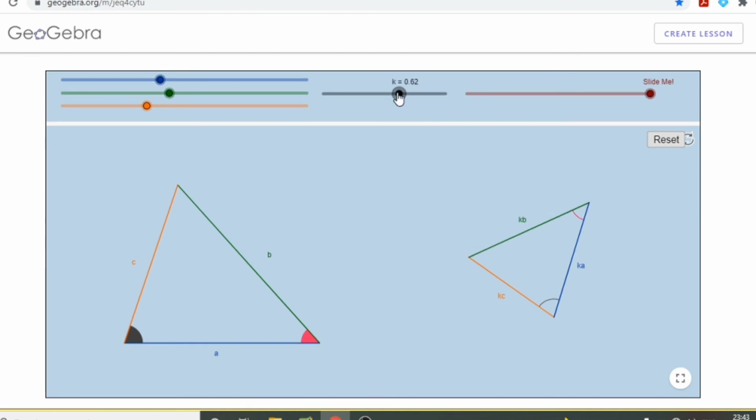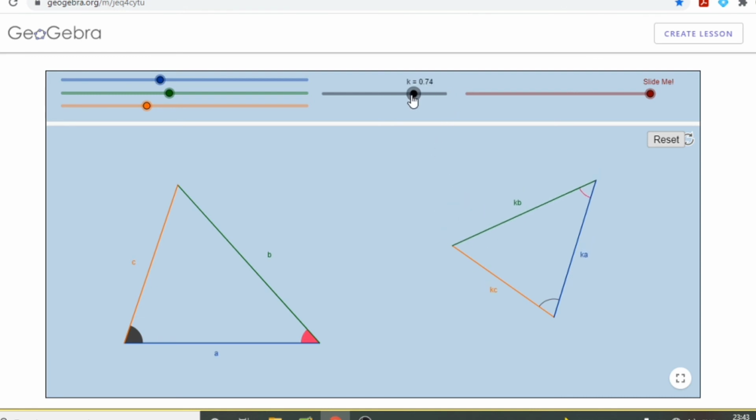So when I change the scale factor of these triangles, the smaller one, if I make it larger and if I make the ratio equal to 1, then the corresponding sides will be equal in size, or equal in length, and the triangles will become congruent.